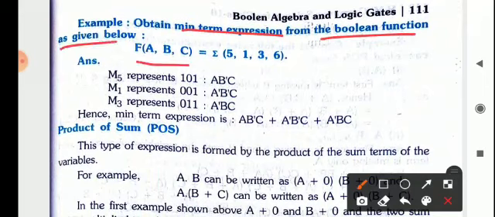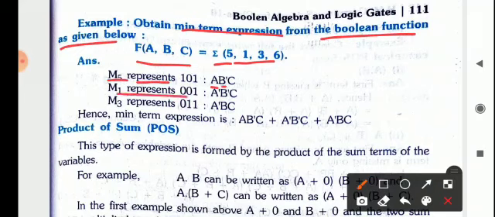Now, you can see here F of ABC is there and sigma is the summing sign, and then 5, 1, 3, 6. So, M5 represents 1, 0, 1. Now, here is what is happening: the non-complement variable is represented as 1 and the complement variable is represented as 0. Now, this 1, 0 representation is done in min term, that is in sum of product expression.